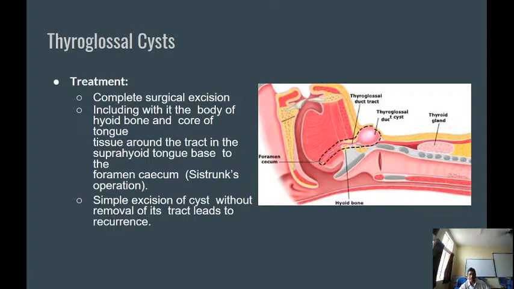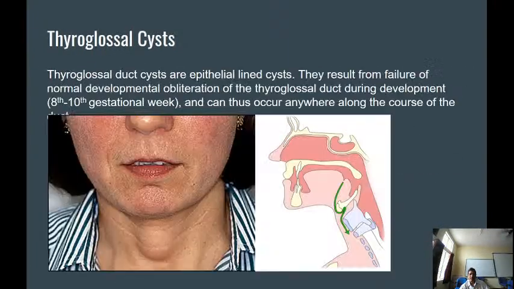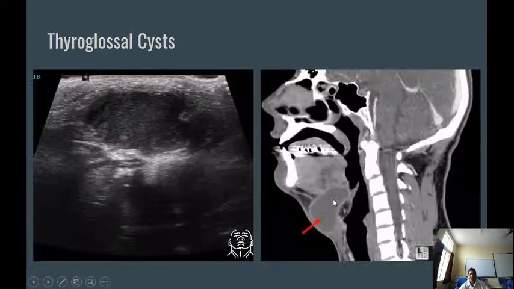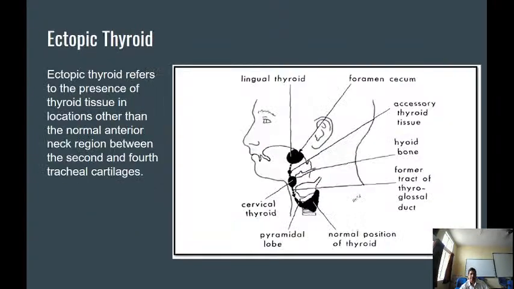So excision of the cyst along with the entire tract right up to the base of the tongue is the surgery that is done. In order to remove the component which is going behind the hyoid bone, you need to remove the body of the hyoid bone. So this surgical procedure is called the Sistrunk operation.